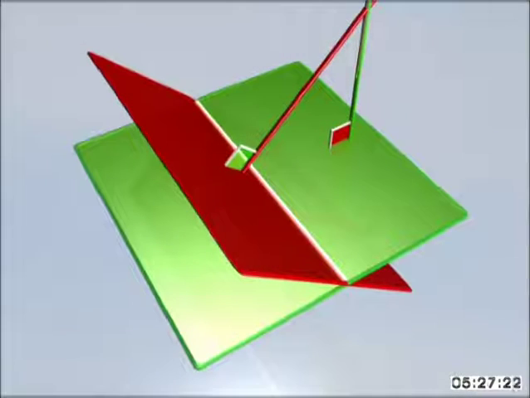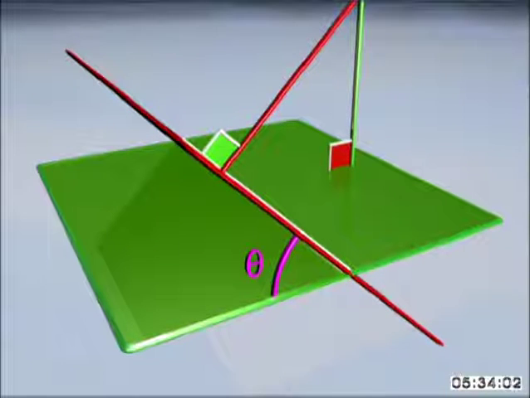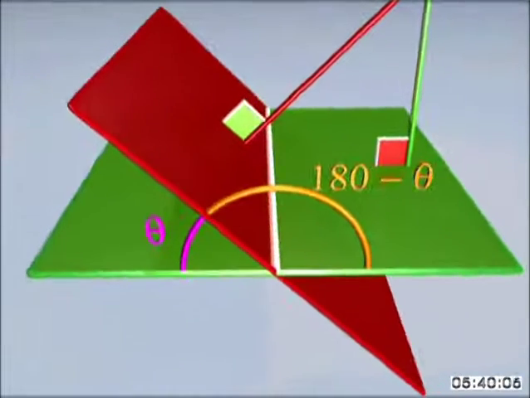Let us assume that the acute angle formed between the two planes is theta. This further implies that obtuse angle between the two planes is 180 degree minus theta.